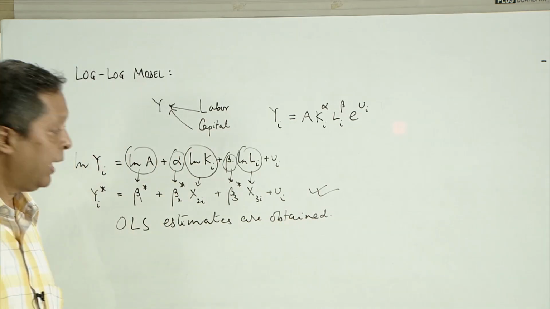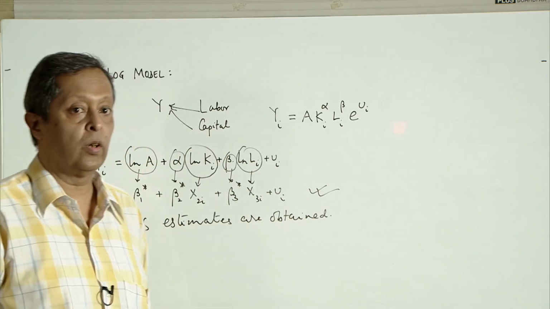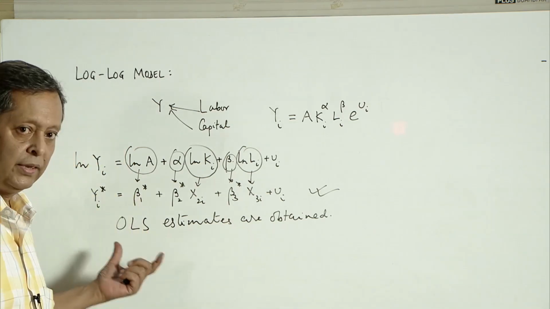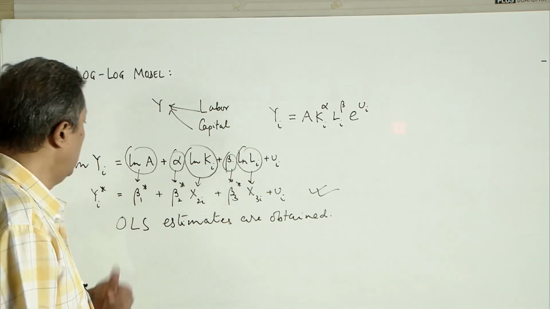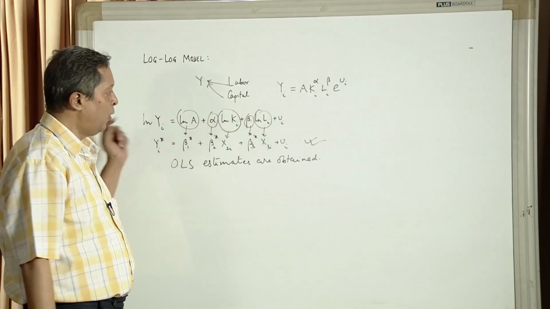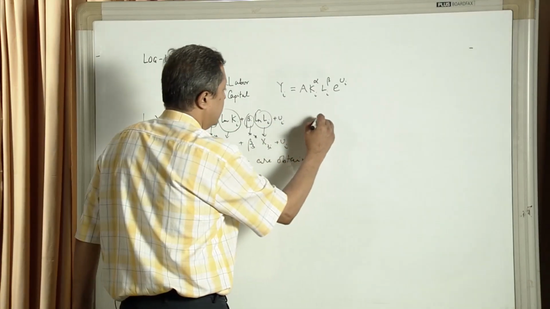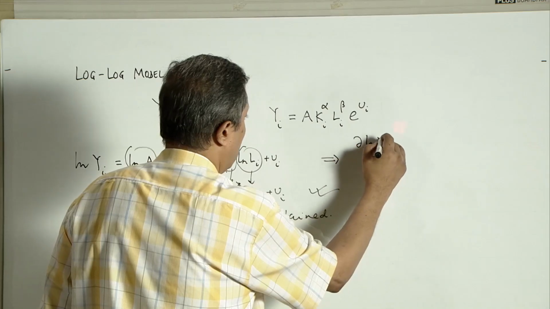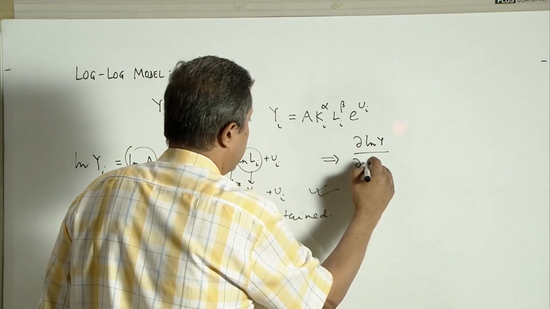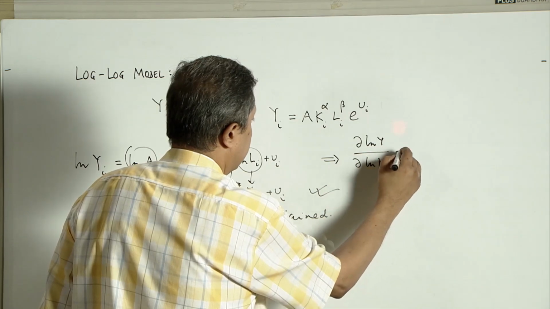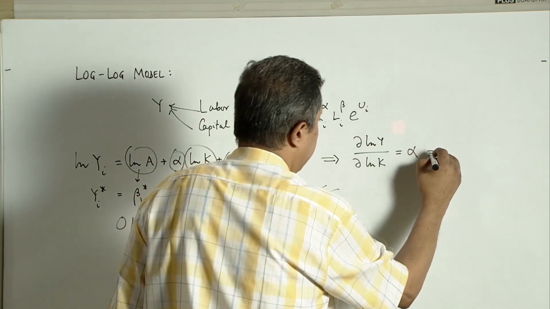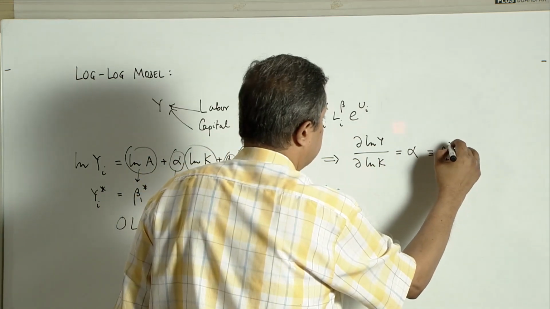The question is, like the earlier case of linear logarithm models, how do we interpret this regression? So, coming back to the original form, we see that the partial derivative of log y with respect to log k is alpha, which is actually defined as beta 2 star.